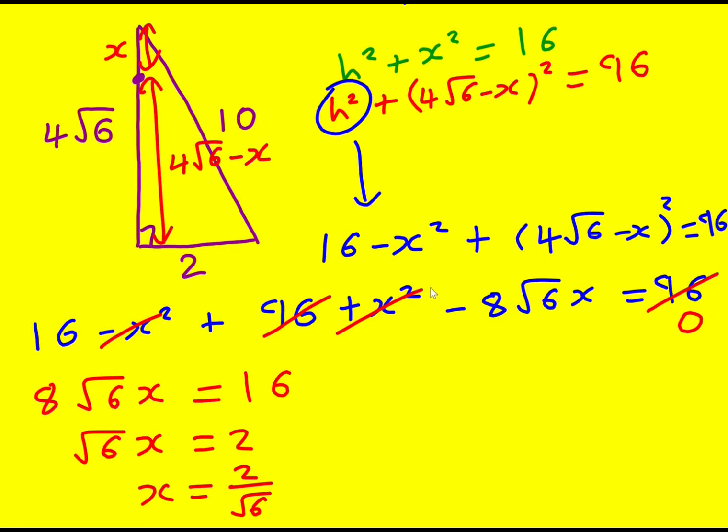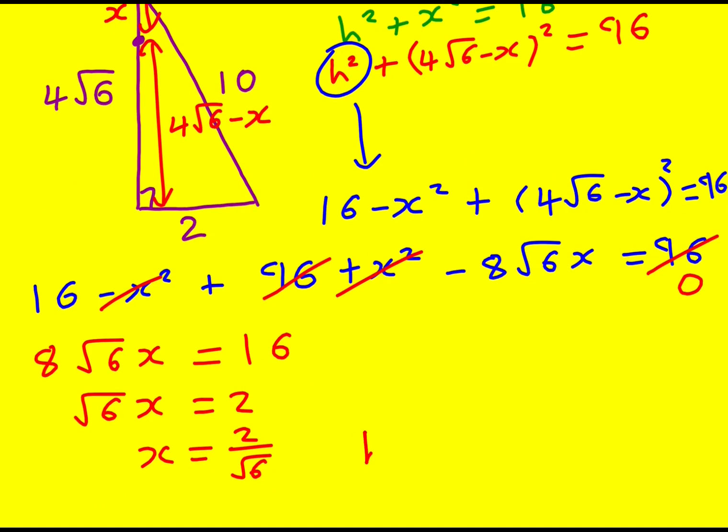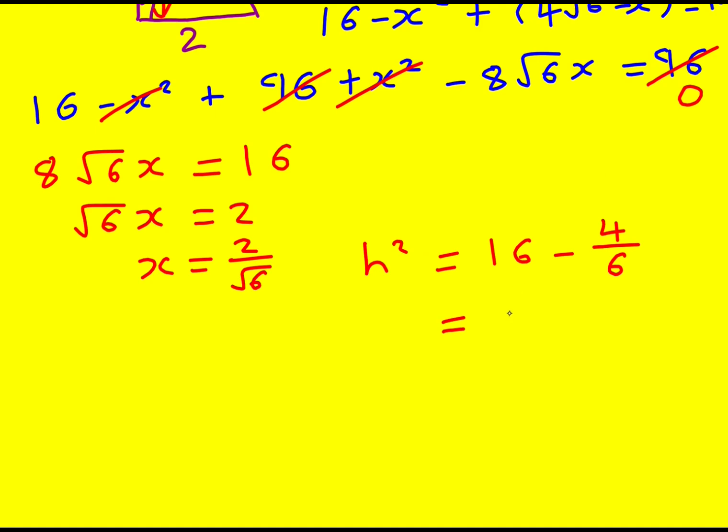Oh, that was good. Then remember I had h squared is equal to 16 minus x squared. So it's going to be 16 minus 4 over 6, which is 16 minus 2/3, which is 48 over 3 minus 2/3, which gives me 46 over 3.